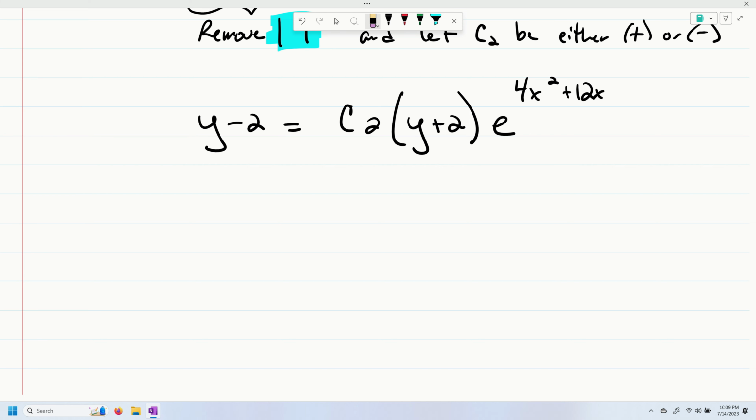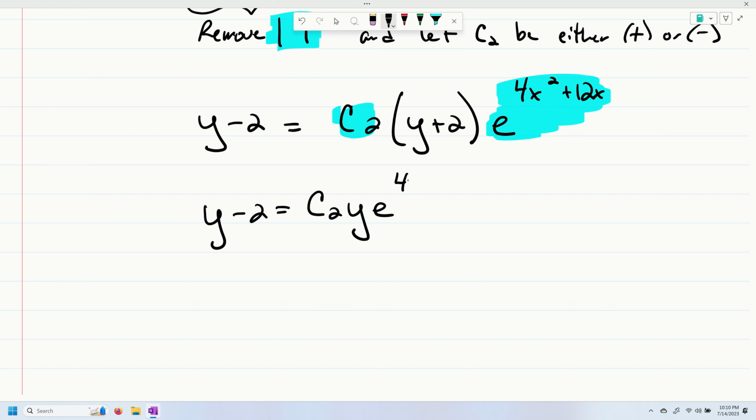So now I have c2, I have e to the 4x squared plus 12x, and all I'm going to do is just distribute. y minus 2 equals c2 times y e to the 4x squared plus 12x plus c2 times 2 e to the 4x squared plus 12x.